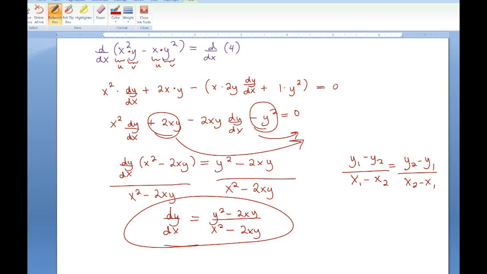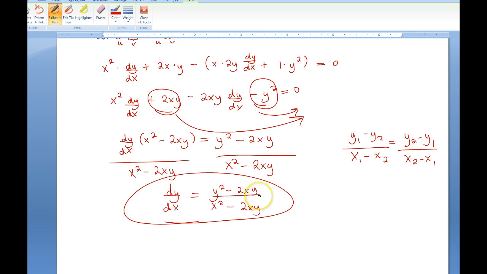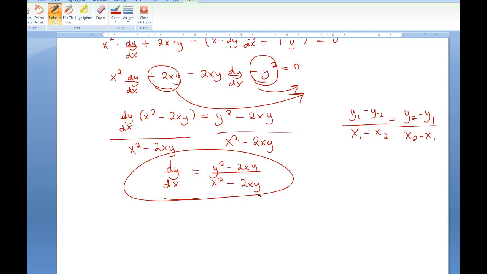Okay, next one. Wait, we have to do the other part. Oh, did I miss a part? Yeah, it's defined at every point except where the denominator can't be equal to 0.